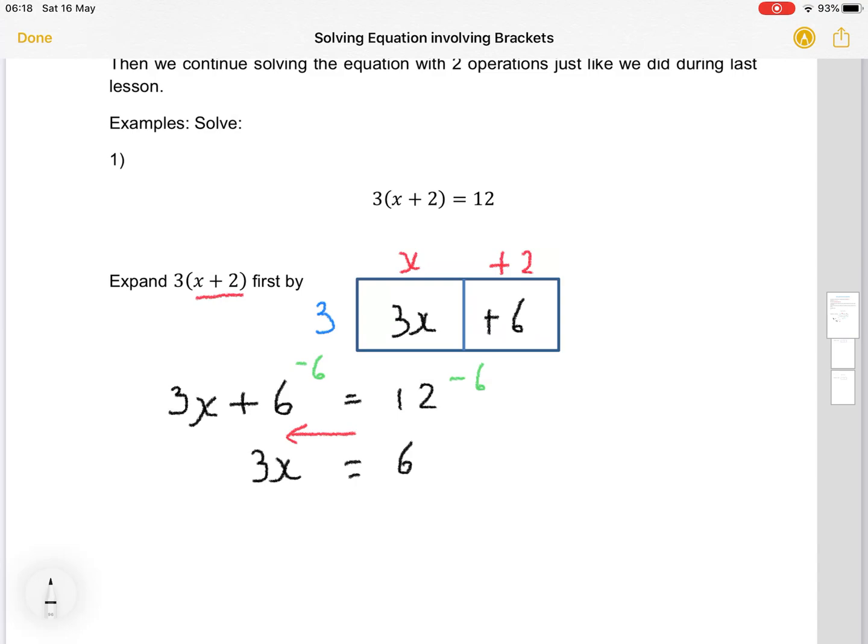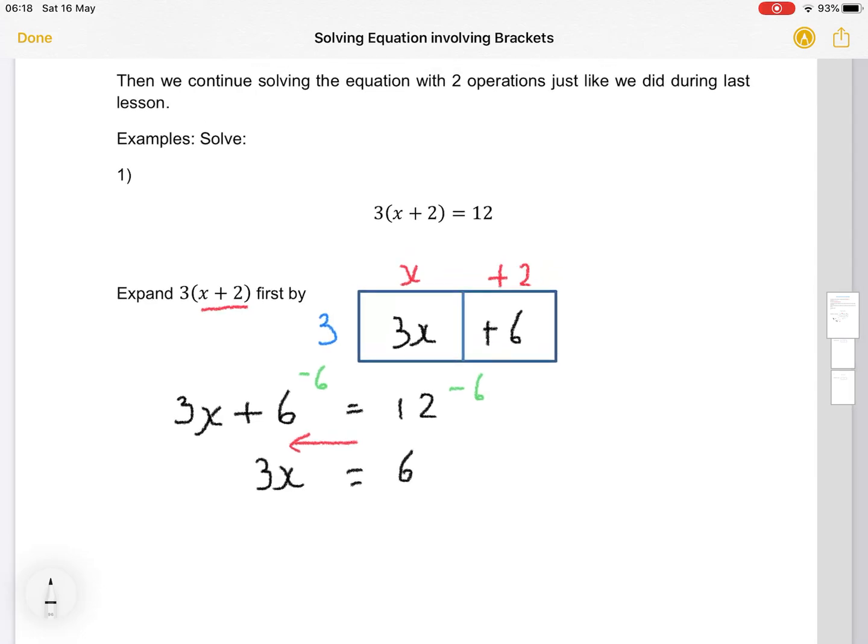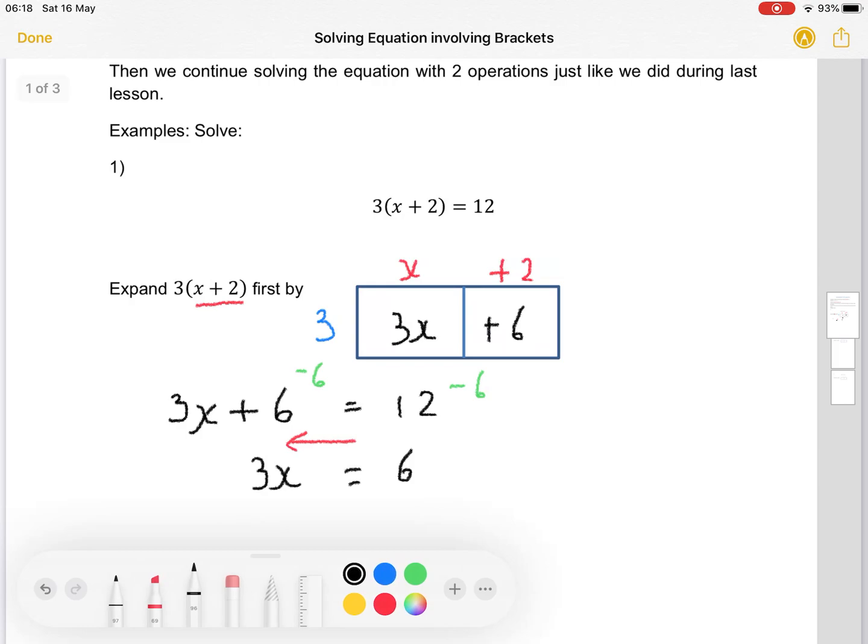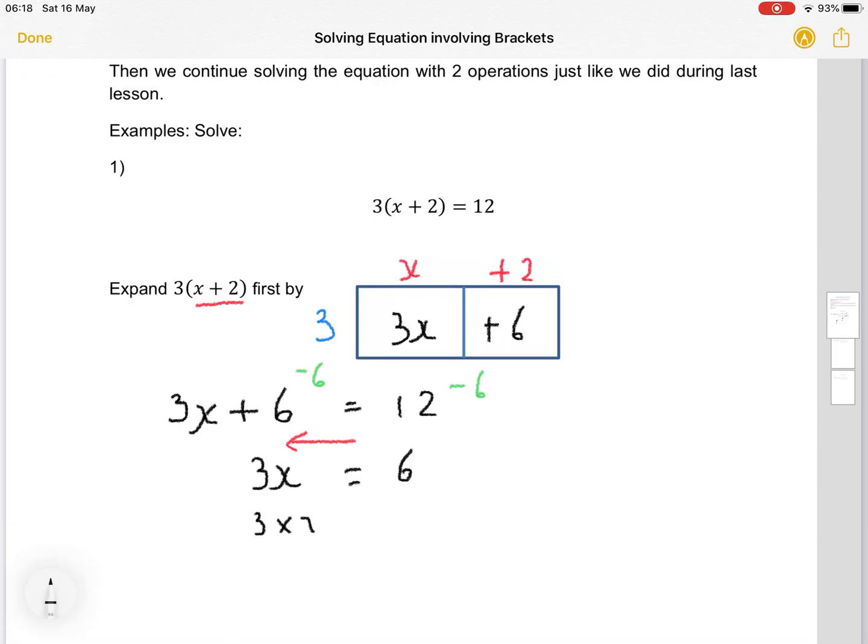Now, what we do on the left hand side must be done on the right hand side as well. Do not forget that 3x means 3 times x is equal to 6. Now I need to remove that times 3 to end up with x on its own, the unknown on its own.